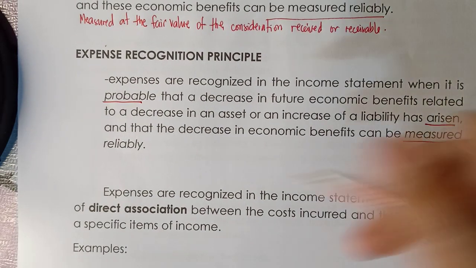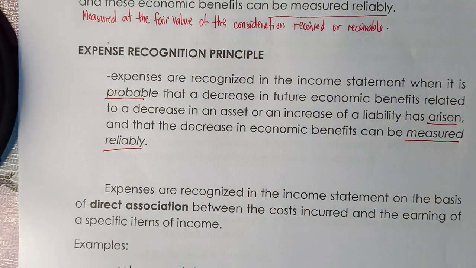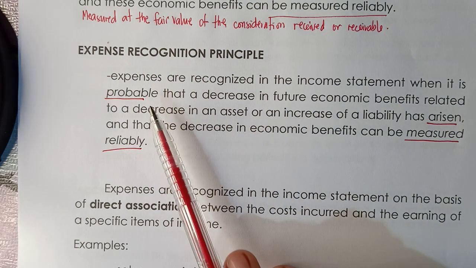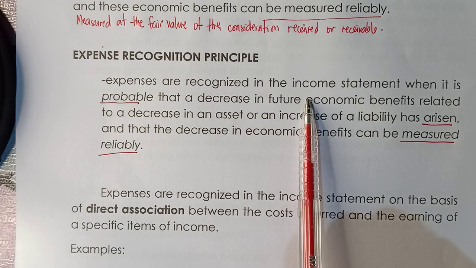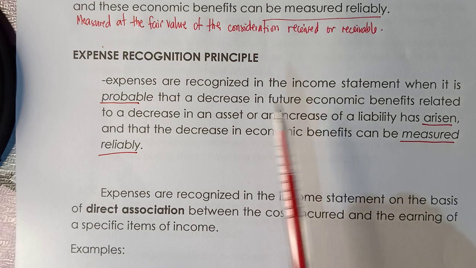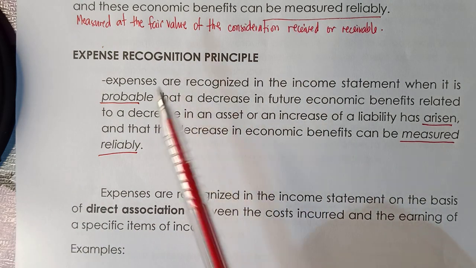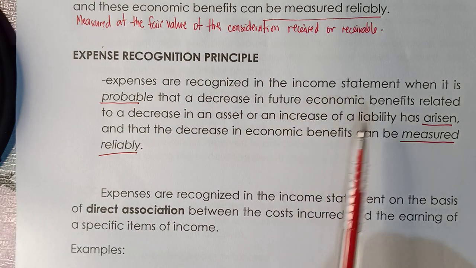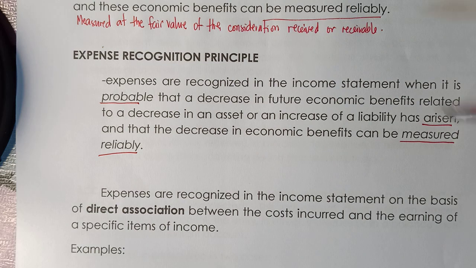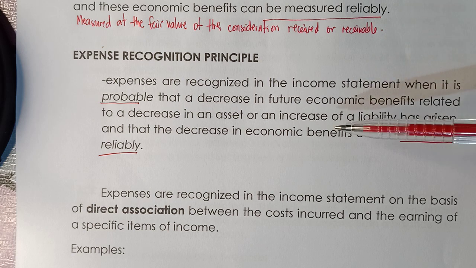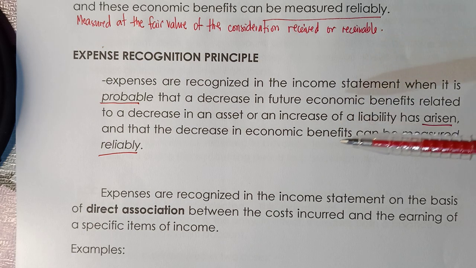Can be measured reliably. Okay? So in the expense recognition principle, these expenses are recognized in the income statement, and it should be probable that those decreases in future economic benefits will be related to the decrease in an asset or an increase of a liability. And those decreases in economic benefits can be measured reliably.